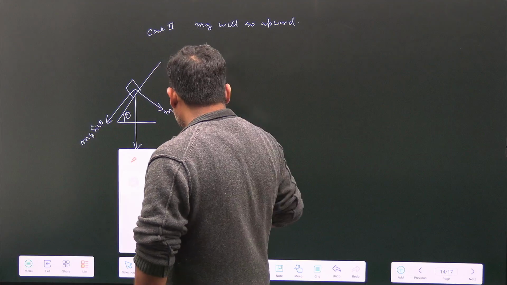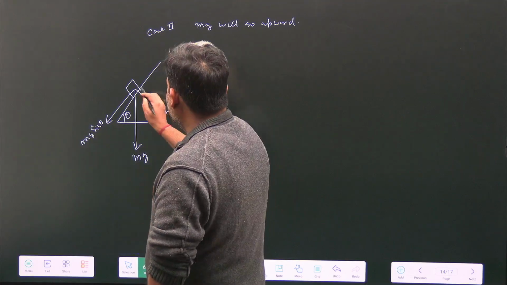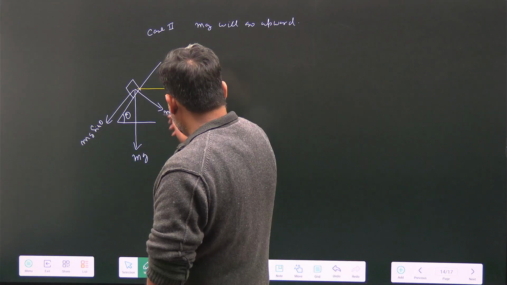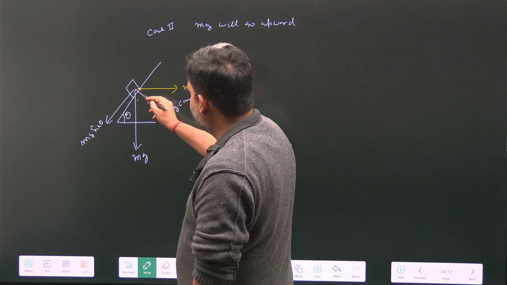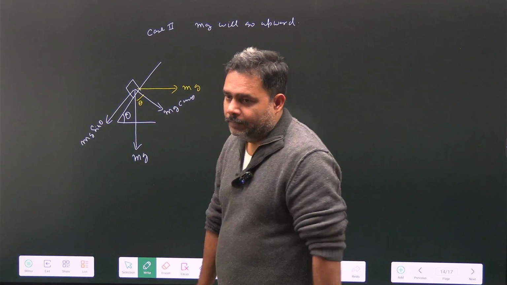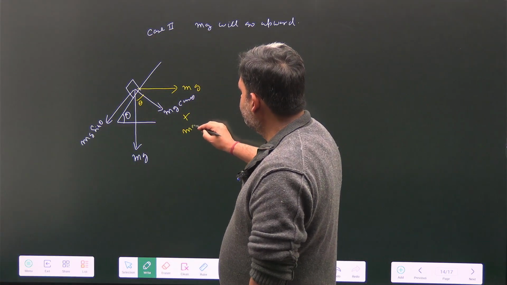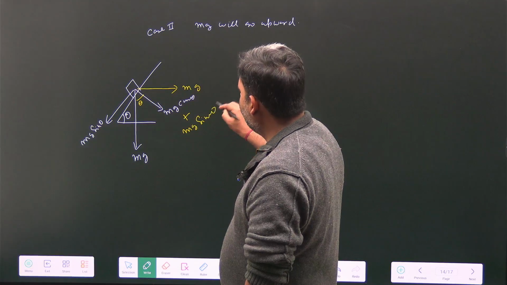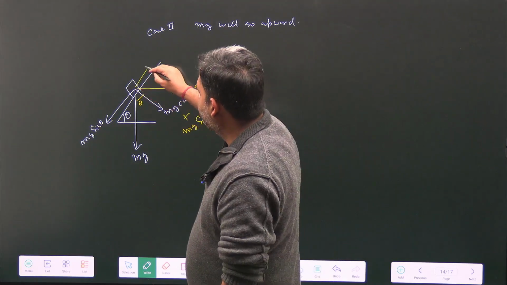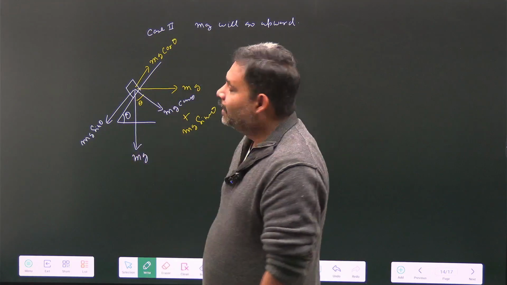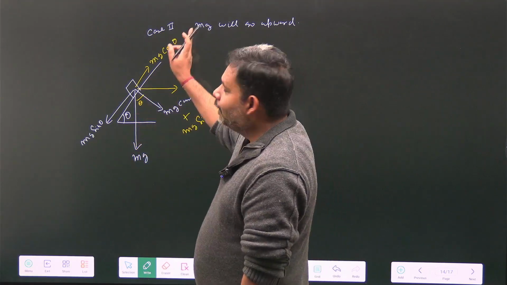And there is a horizontal force. One component will become, this angle is also theta, so this is 90 minus theta. So you can take plus mg sin theta. All forces will remain the same, and this force is mg cos theta. Now this block is going upward.